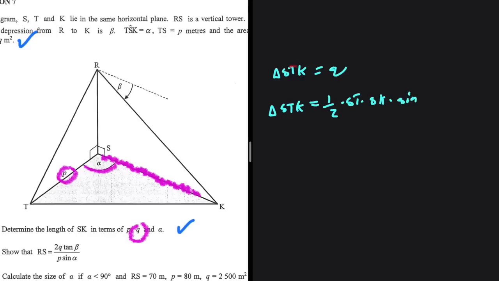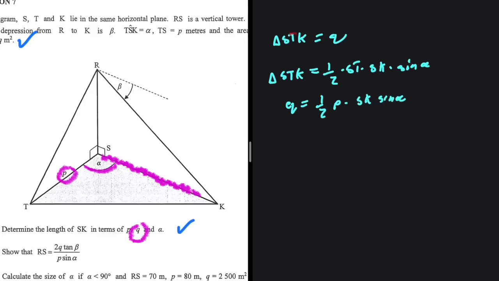So sine of alpha. What is the area of triangle STK? We know it to be Q. A half. What is ST? ST is P. SK is what we are interested in, sine of alpha. It will be easy to see that SK will be equal to Q divided by 1 divided by 2 P sine of alpha.